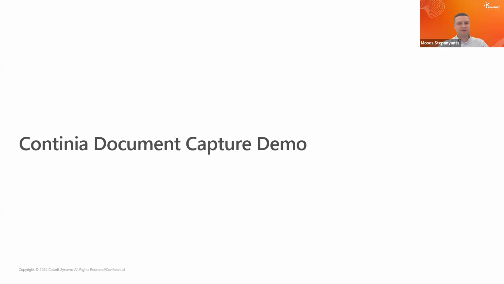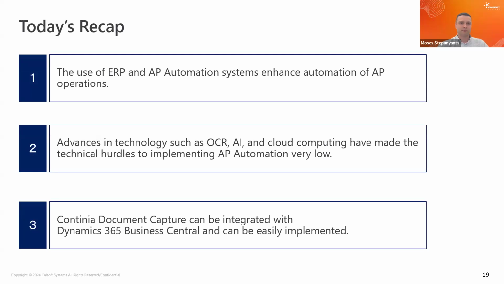All right, so let's continue and move on. I'll just recap what we went over today. We started by going over the use of ERP and AP automation systems and how they can help enhance automation of AP operations within a business. We talked about how advances in technology, such as optical character recognition and AI, along with cloud computing, have made the technical hurdles to implementing AP automation very low and inexpensive.